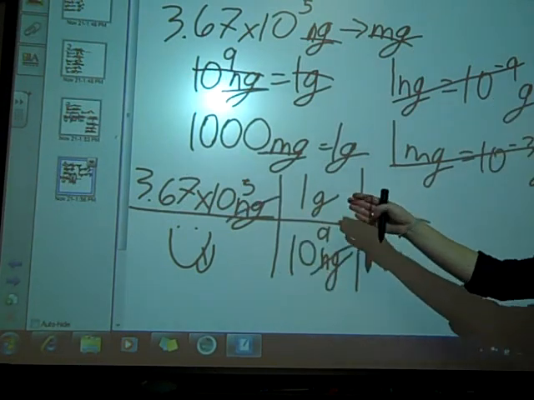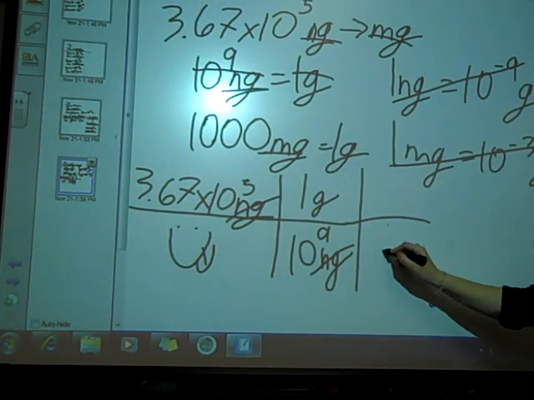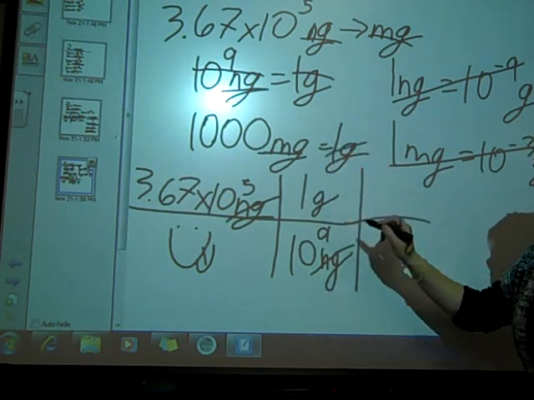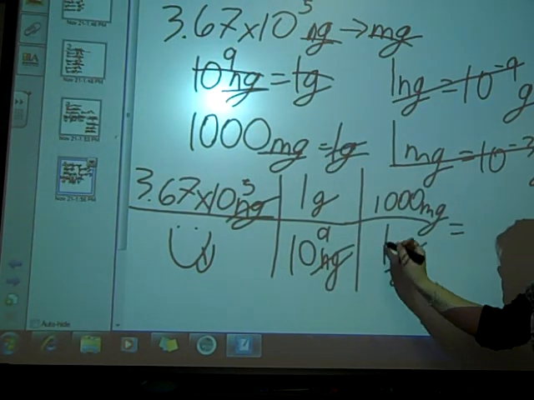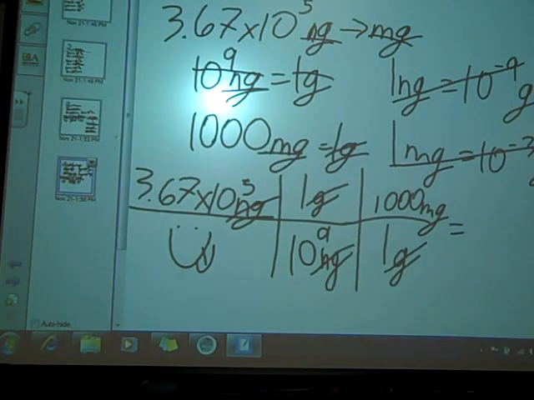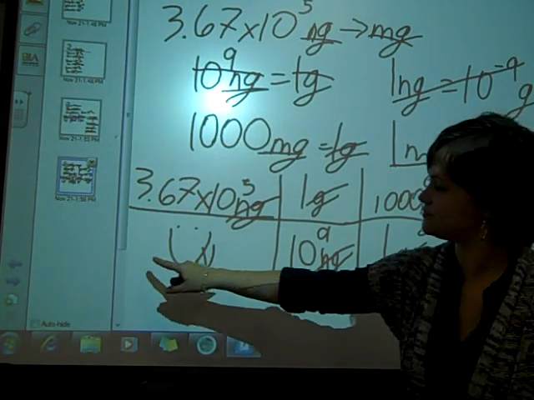Onwards we proceed. Grams, don't want them either. 1 gram on the bottom here. 1,000 milligrams on the top. Grams cancel, leaves me with milligrams. Huzzah! That's what I was looking for. Multiply all the way across the top. Divided by all the way across the bottom.